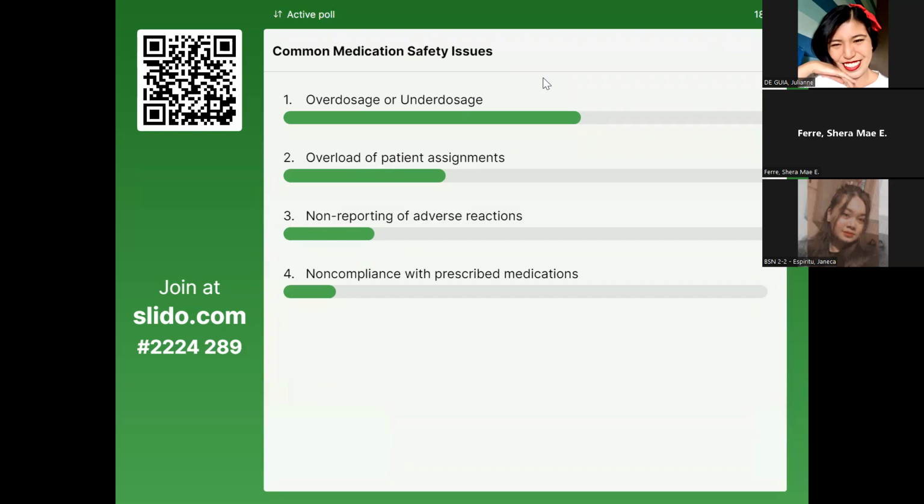However, why is it that antibiotics cannot be considered as over-the-counter?